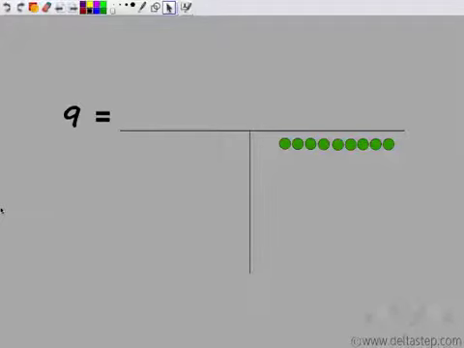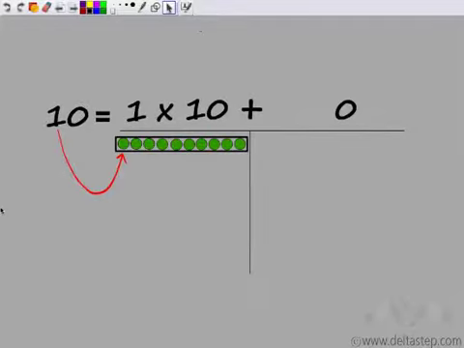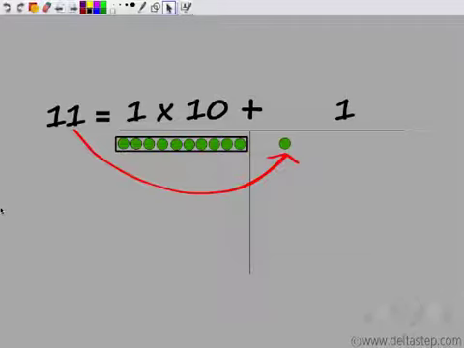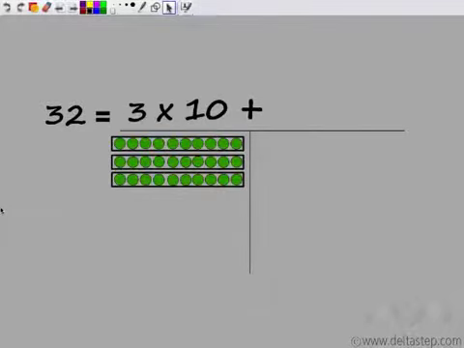So if I add 1 to 9 ones here, I get 10, which I move to the next column. Now the first digit represents the number of tens and the second the number of ones, which can be anything from 0 to 9. So let's say for 32, you would need 3 tens and 2 ones.